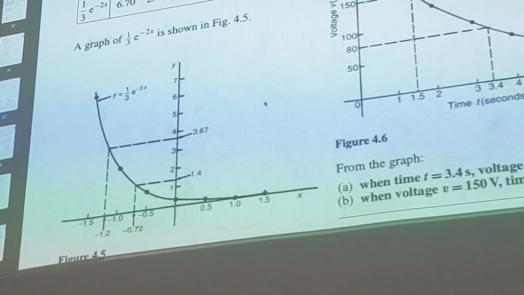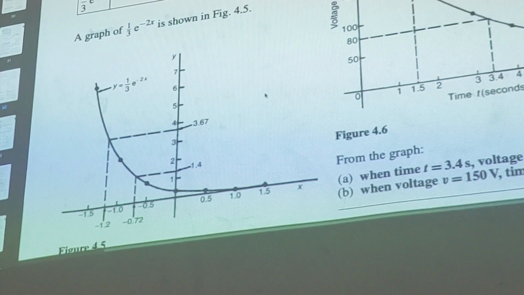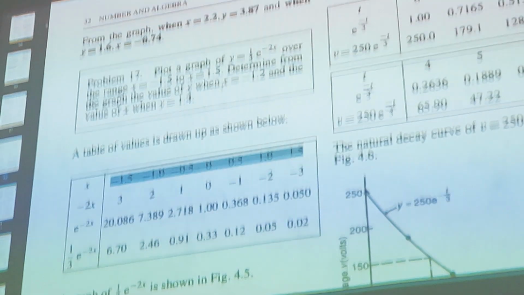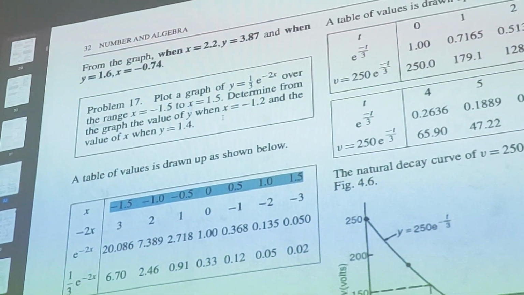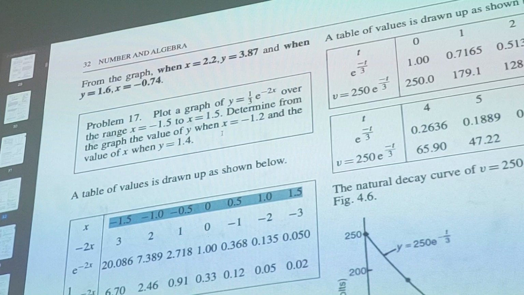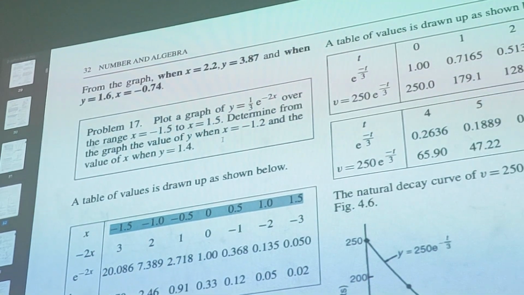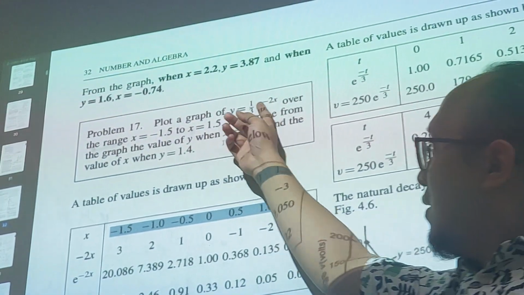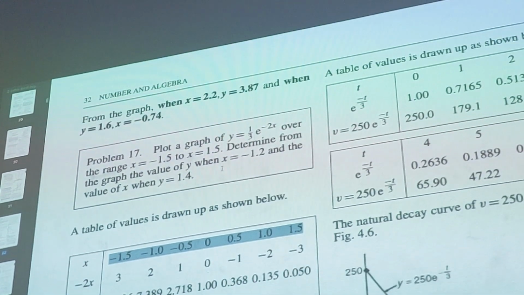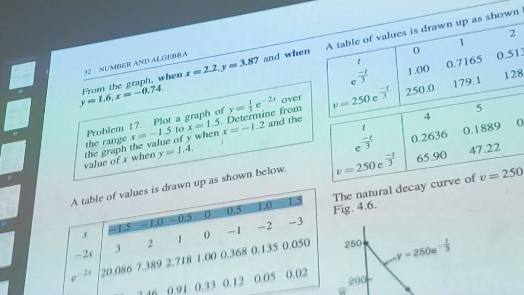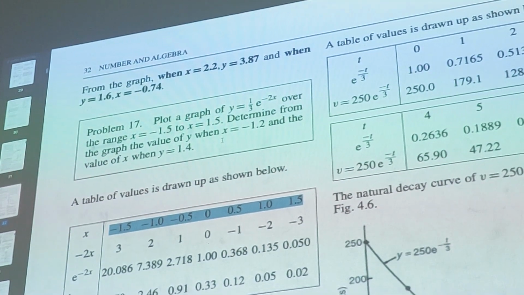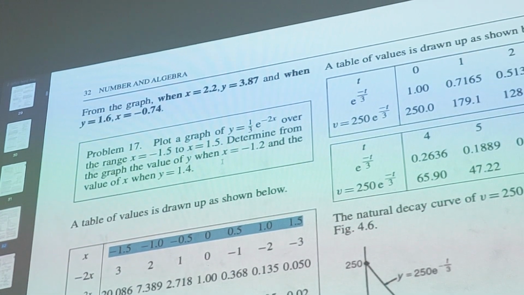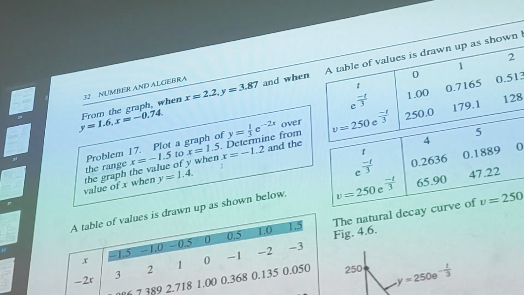But how do we know that the increment is 0.5? If the question does not mention the increment, you can choose as you like. In this question, they didn't mention the increment, so please choose a convenient increment.